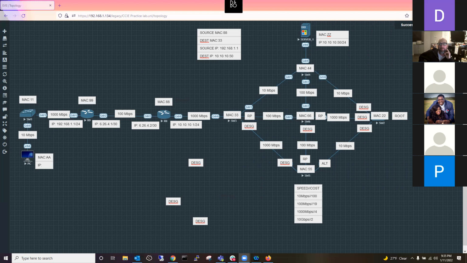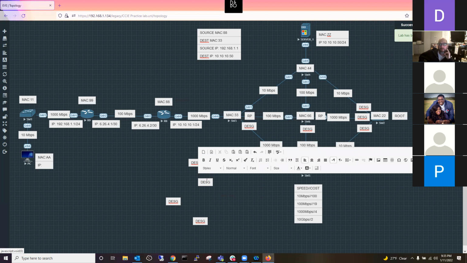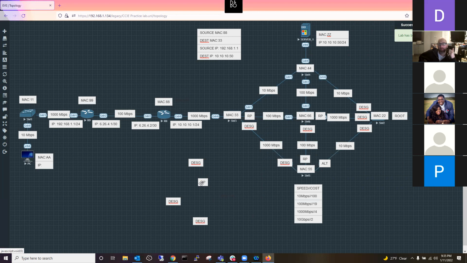Based on the topology, for switch 4, I'm seeing that gigabit port 0/2 looks like it's going to be the root port, due to the fact that it's a 100 megabit link. That's going to be 19 plus 4, which gives me 23 to get to switch 2, which looks like the shortest path or lowest cost.